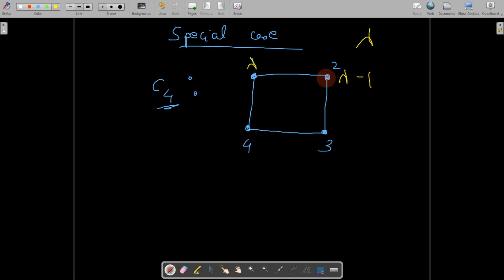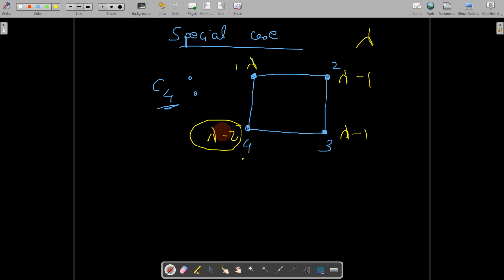Node 3 is connected to 2, so it can be colored using lambda minus 1 choices, since only two's color cannot be used. And the fourth one is adjacent to vertex 1 and vertex 3, so two colors cannot be used, so I can color it using lambda minus 2.